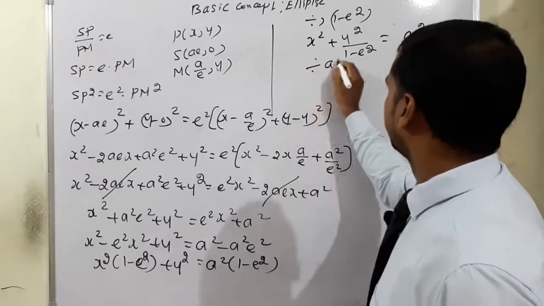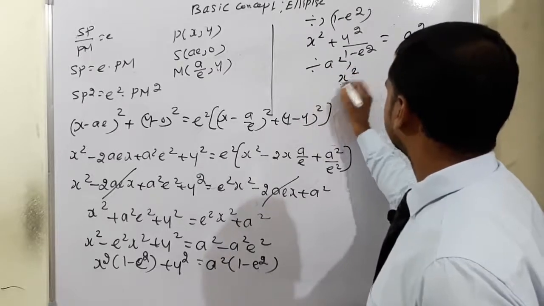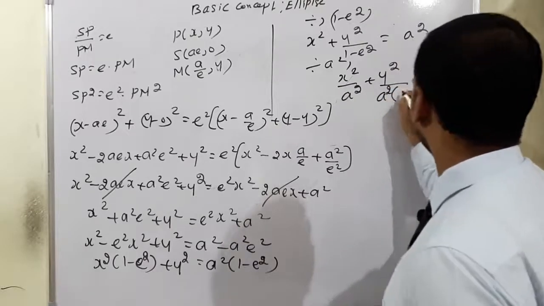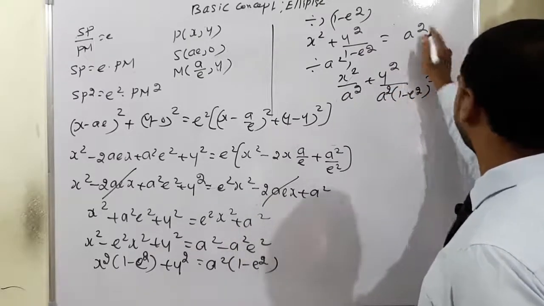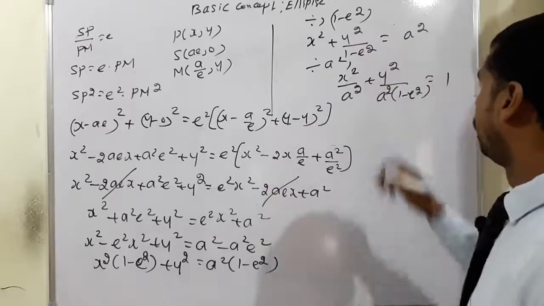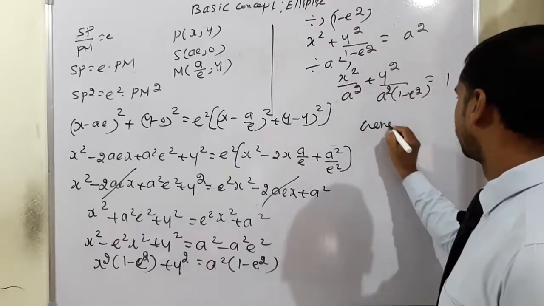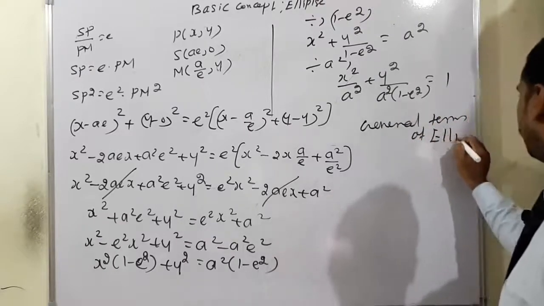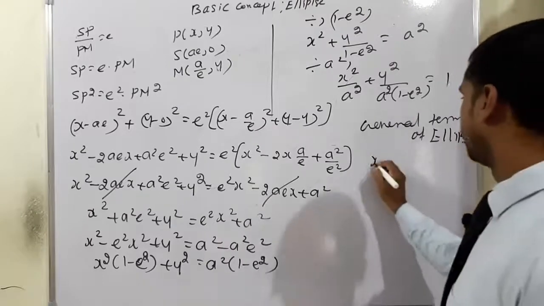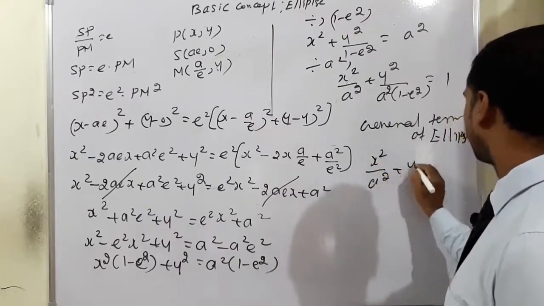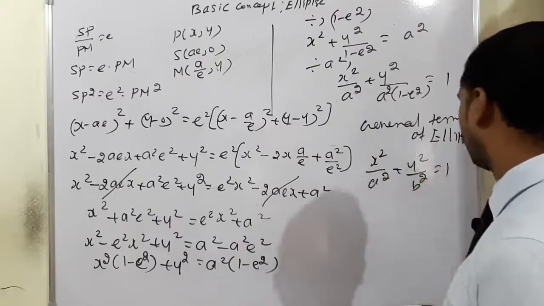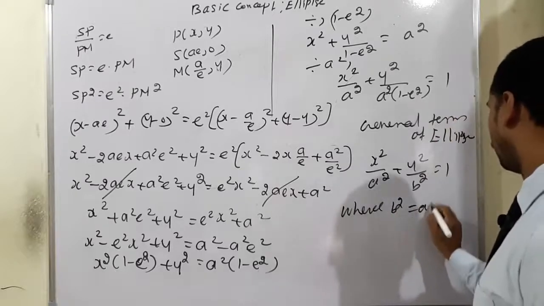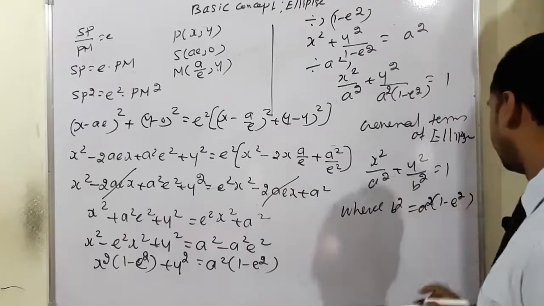Next step, also divide by A square. X square by A square plus y square by A square into 1 minus E square. Again A square divided by A square means the value will be 1. Therefore the general term of ellipse, the main condition: x square by A square plus y square by B square is equal to 1, where B square is equal to A square into 1 minus E square.